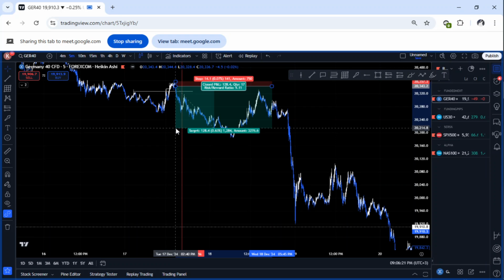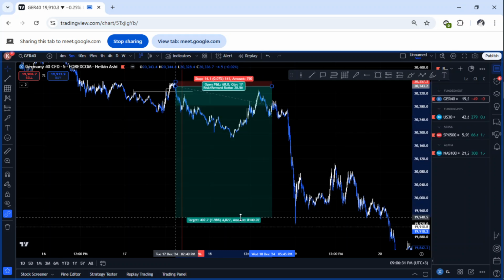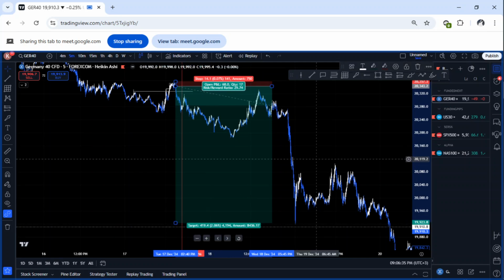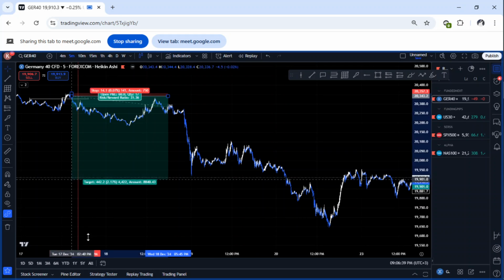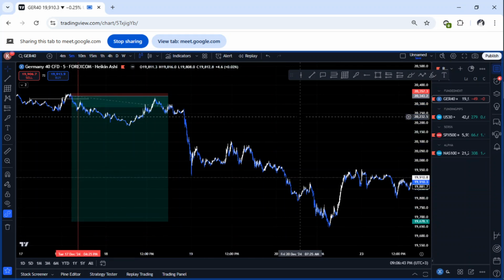I just prefer 1 to 8 max, 1 to 6 thereabout. Just something 1 to 6, 1 to 7 is okay. So you can see this one went for a 1 to 28 risk to reward, nearly 1 to 30. As if that was not enough. That is the good thing about indices. If you are somebody with the ability to hold, this is 1 to 47 risk to reward.